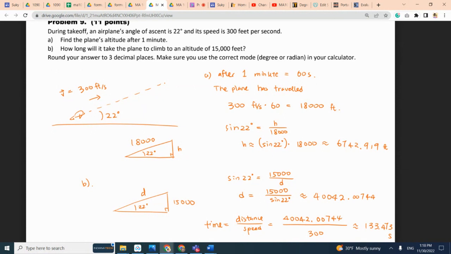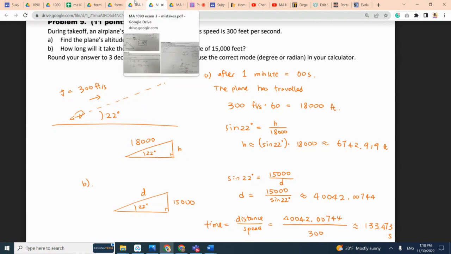We're looking for D. That's why both sides divided by sine 22 degrees and multiplied by D. We get 40,042 feet. And then the time is, we use distance divided by the speed, which is 133.473 seconds. Okay, so yeah. This is problem 9. Thank you.